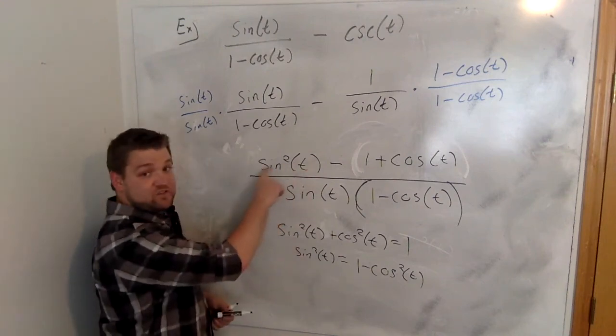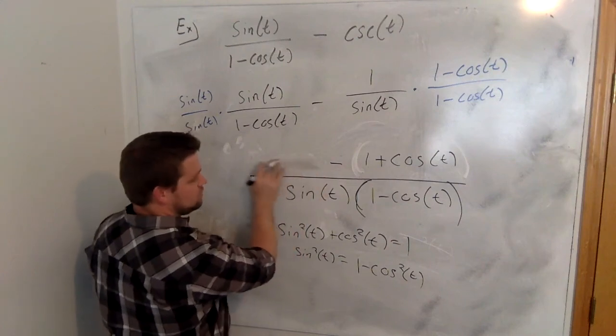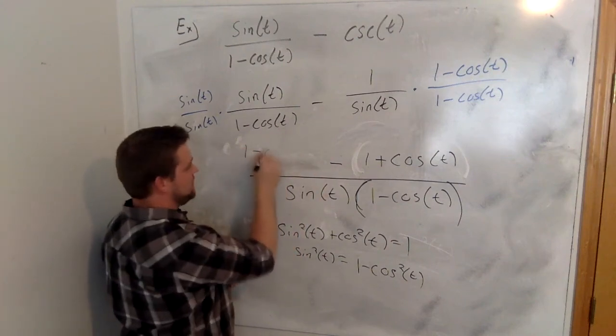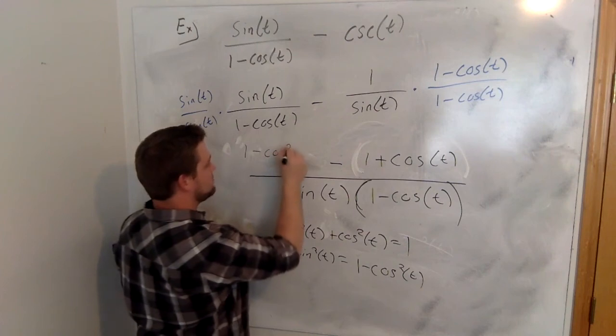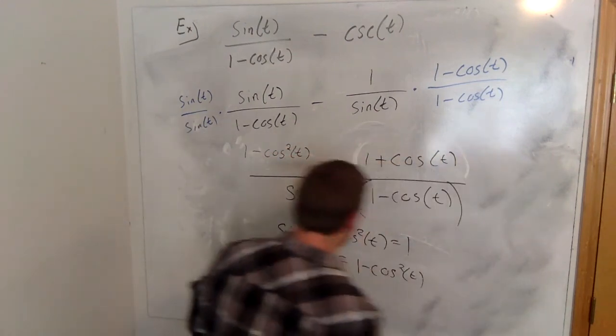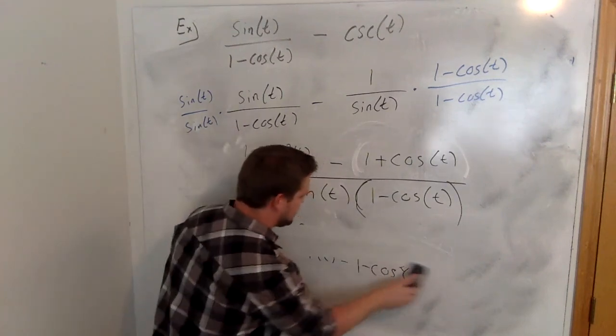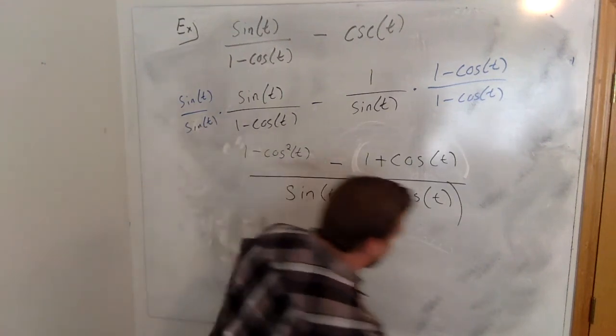Okay, so this sine squared of t is now going to get replaced with a 1 minus cosine squared of t. So I'm going to go ahead and erase this right here. Just made this nice replacement. Okay. Well, why was this useful for us?